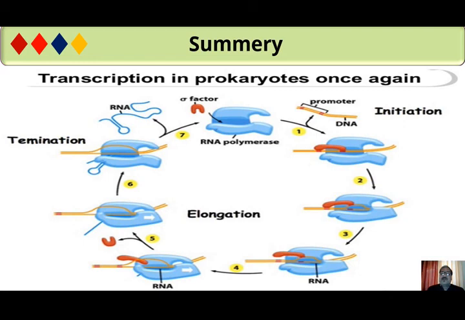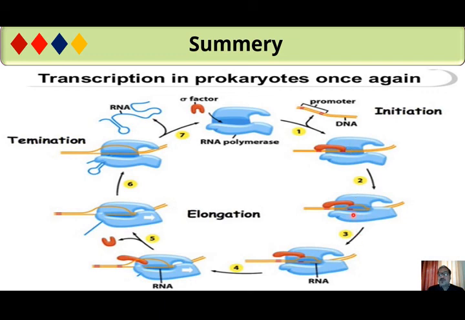Now let us summarize the whole sequence of transcription in prokaryotes. This is the RNA polymerase enzyme, the core enzyme. When the core enzyme binds with the sigma factor, it becomes a holoenzyme. The holoenzyme binds with the DNA whose segment has to be transcribed, and the sigma factor identifies the promoter region, and then this forms a closed structure.